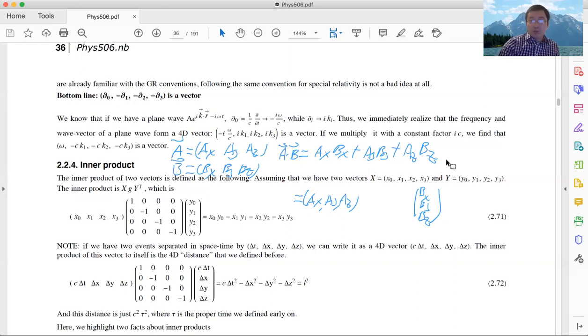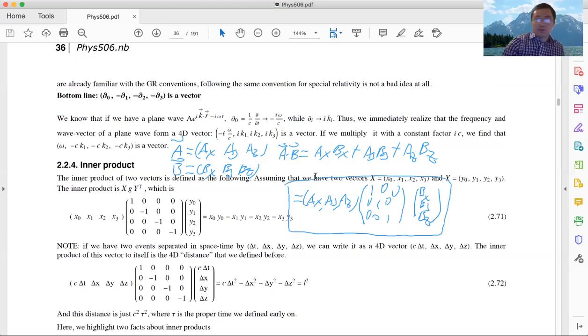There is a third way to understand it. It's the same thing, but I add the identity matrix in the middle. This identity matrix in the middle doesn't do anything, so it's still the A vector times the B vector. It's still the inner product. What we are going to utilize is this third picture, the last picture, to understand the inner product.